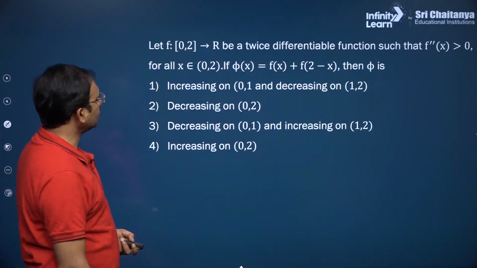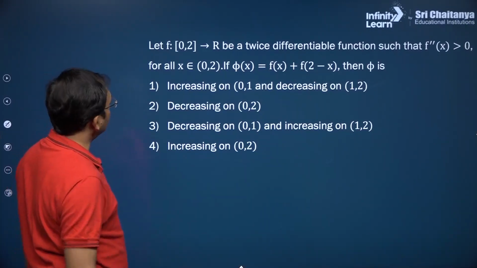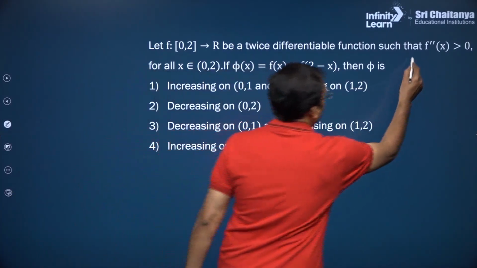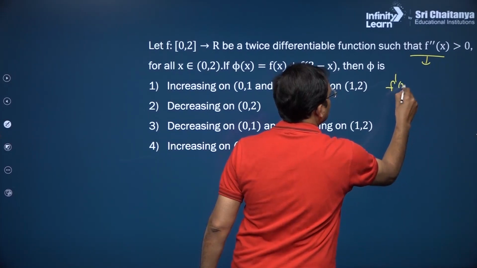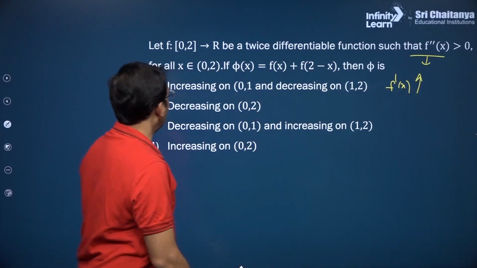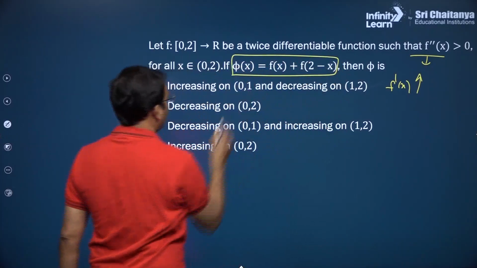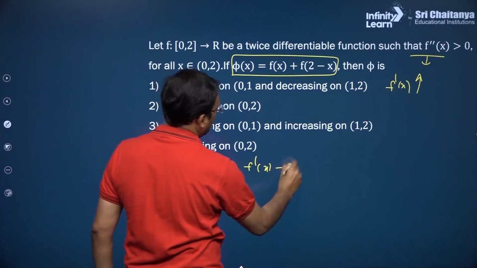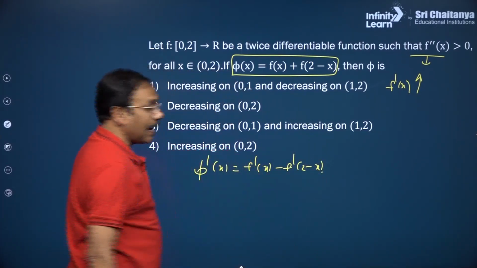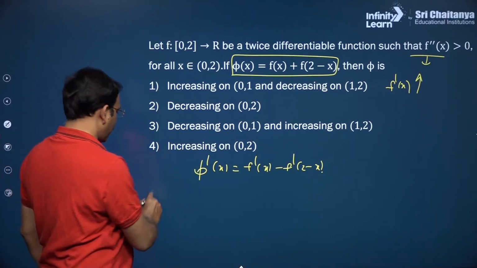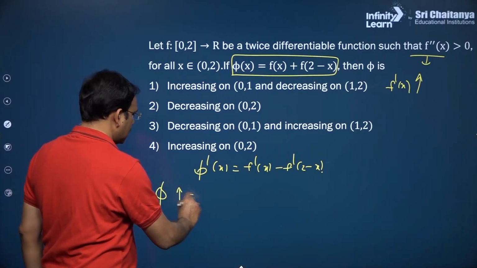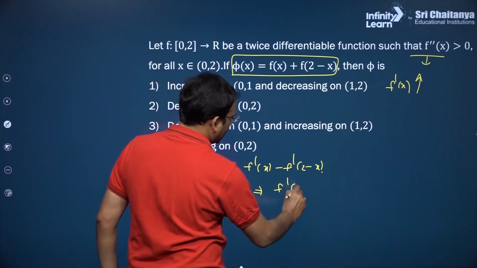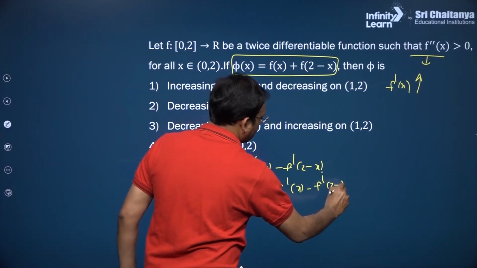Next, my dear friends, you see this function f is a function from 0 to 2 to R, a twice differentiable function. Given f double dash x positive means f dash of x is an increasing function. Now, phi of x is this function given. Apply phi dash x. Phi dash x is f dash x minus f dash of 2 minus x. I just want where phi is increasing. Suppose I want the interval where phi increases, that means phi dash x must be positive, that means f dash of x minus f dash of 2 minus x must be positive.